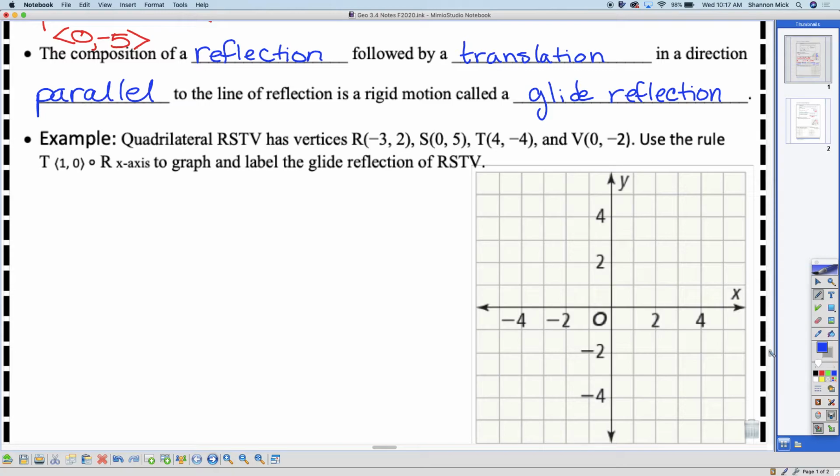Okay, so let's graph it first so we can see what we're doing. Does that sound good? Okay, so -3, 2, and 0, 5. And then 4, -4, and 0, -2.